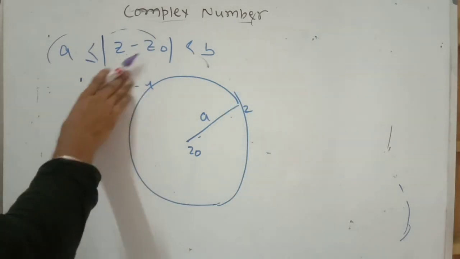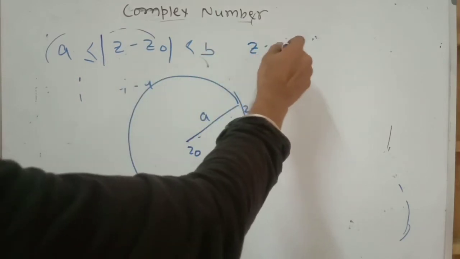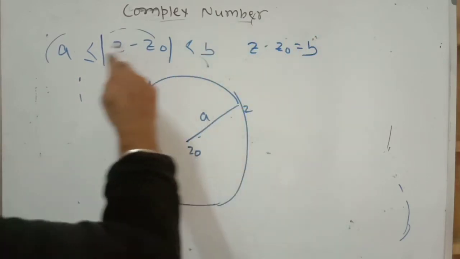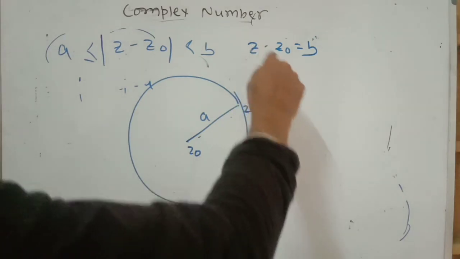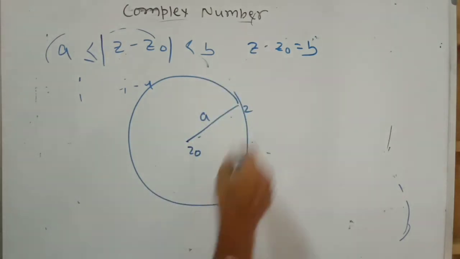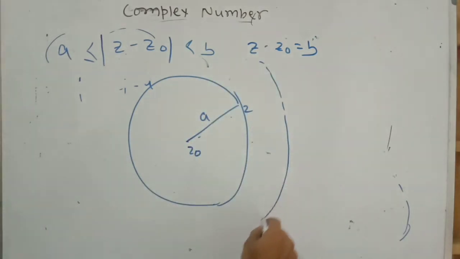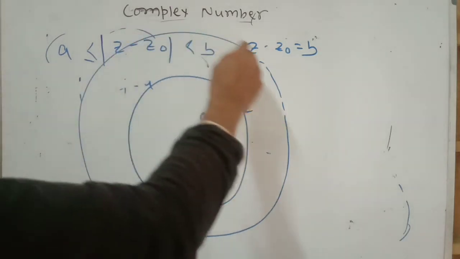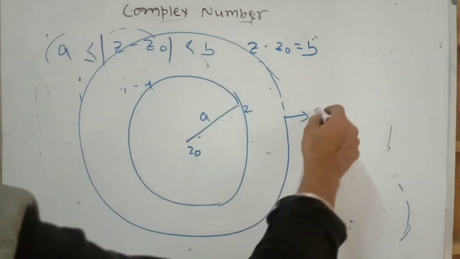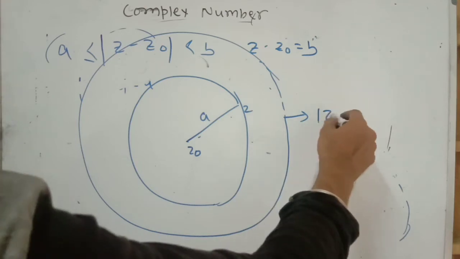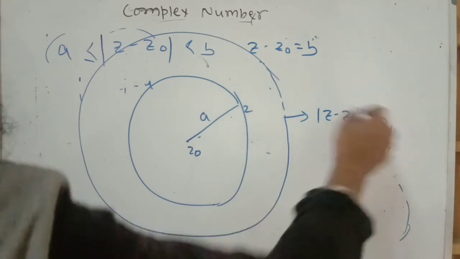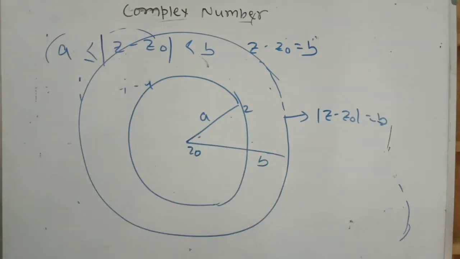After that, draw |z − z₀| equal to b. Obviously a is less than b, so it will be outside of this circle. This is the locus of |z − z₀| equal to b, having radius b.